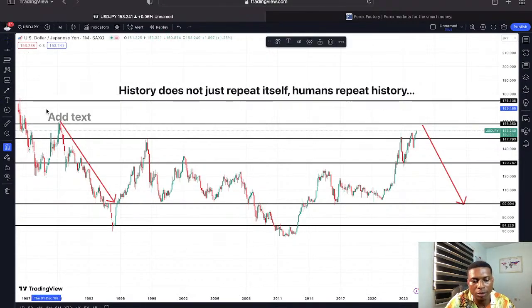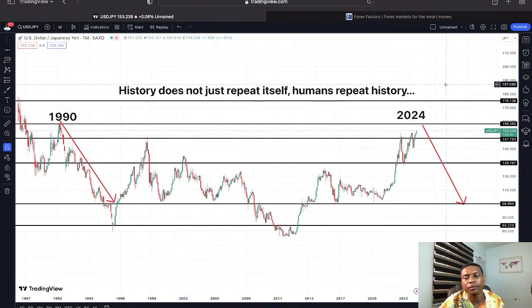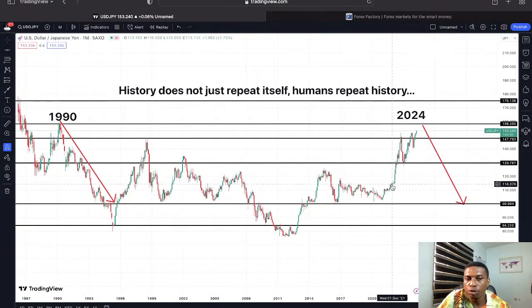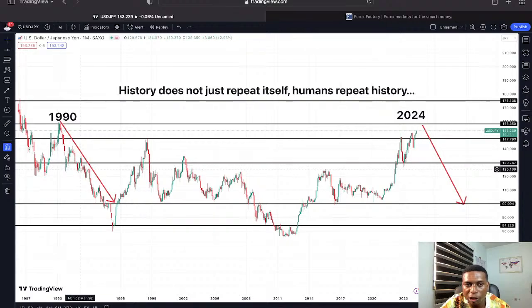1990, 2024. There is a higher probability that markets will react in the same proportion, if not with this large bearish momentum.